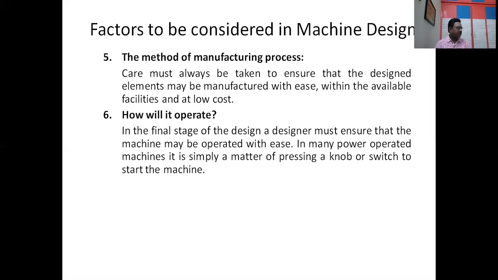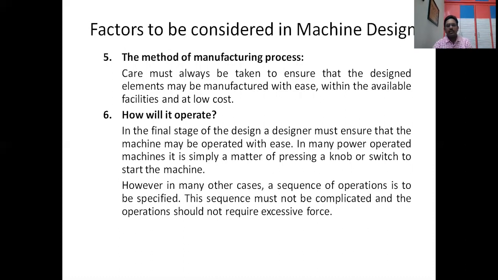So whatever product we make, finally, is it easy to operate or easy to use or not? However, in other cases, where a sequence of operations must be satisfied, this sequence must not be complicated and the operation should not require excessive force.